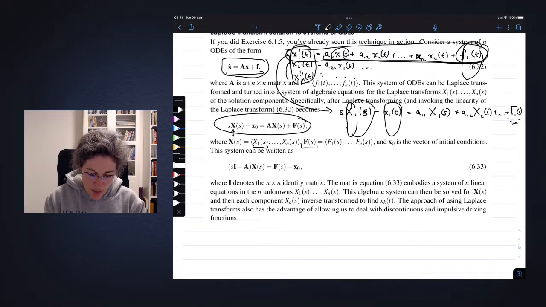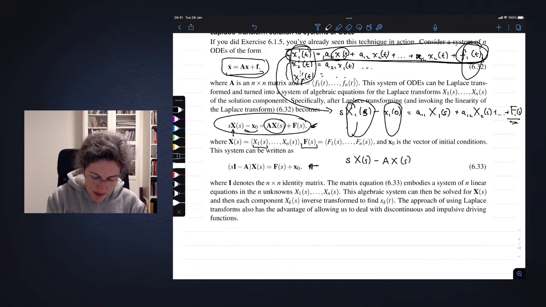So with a little bit of rewriting, we can get our equation here into this form. So if you want to have a look at what we've got, we've taken this AX over to the right hand side. So we have sX(s) minus AX(s), and we've taken our x naught over to the other side, so that's going to be F(s) plus x naught.